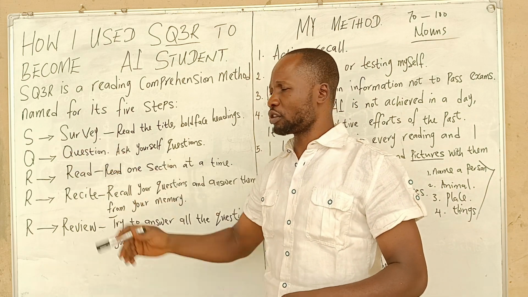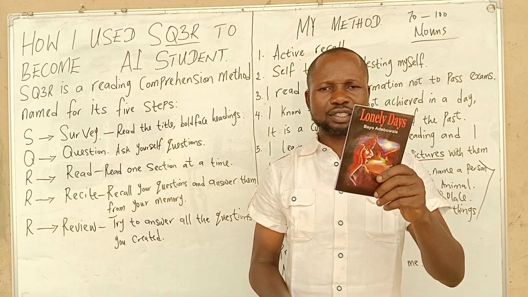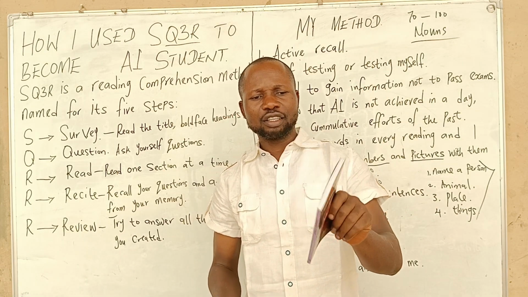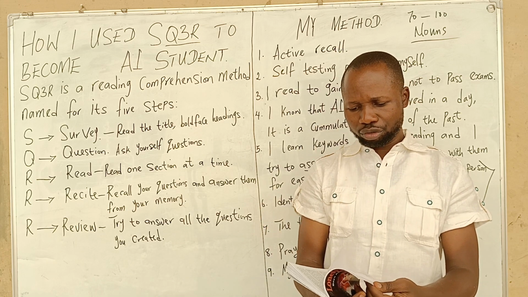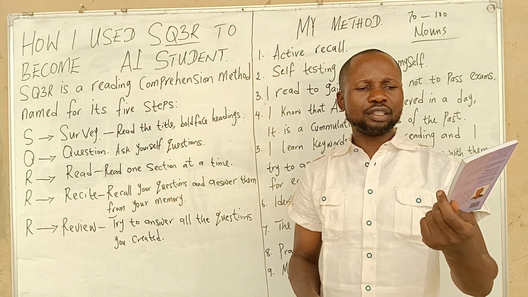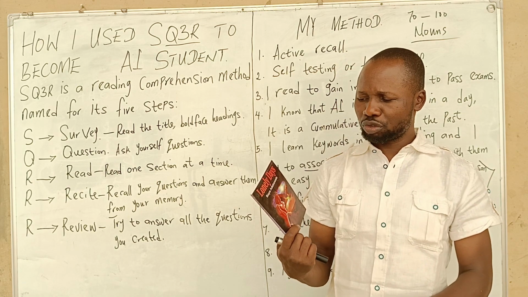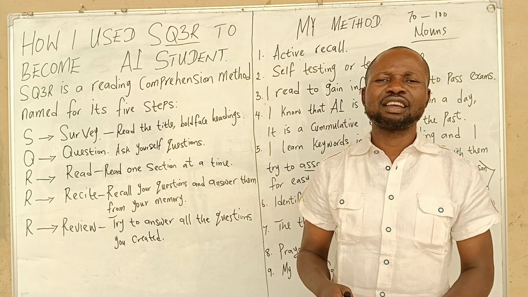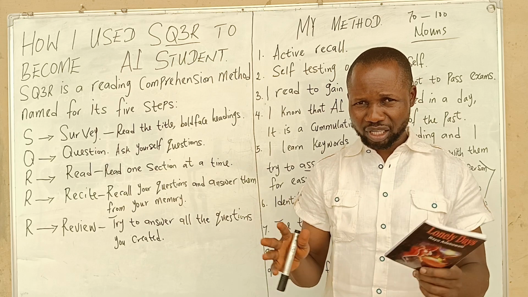S stands for survey. Now, let me demonstrate what I mean. This is a novel, it's a prose: The Lonely Days by Bayo Adebowale. This novel was used from 2015 to 2020 by WAEC in literature, along with some other novels.